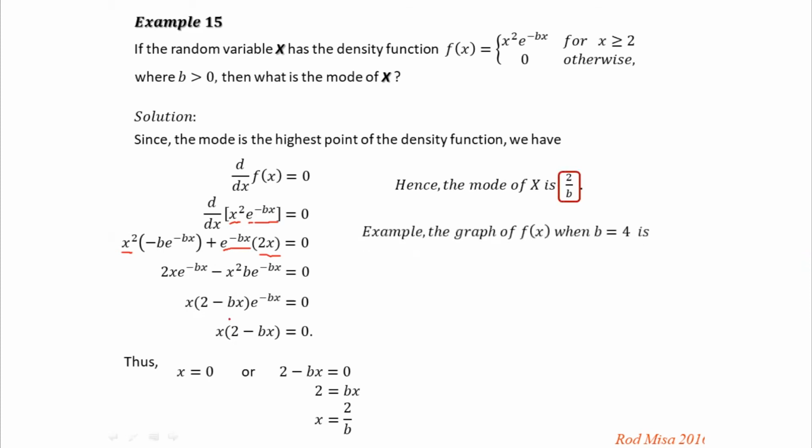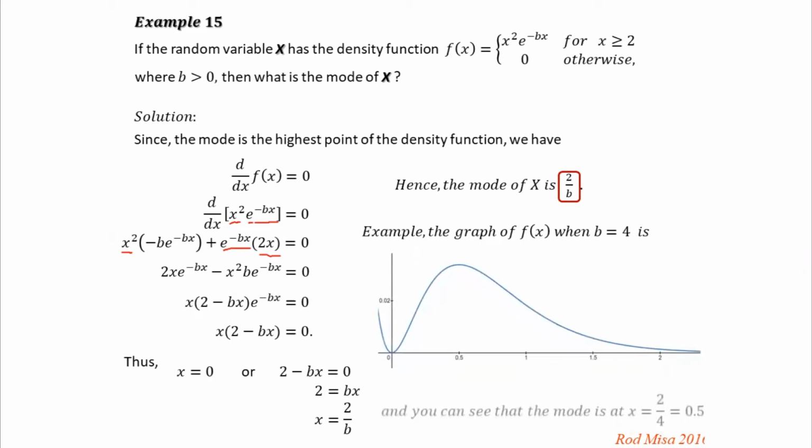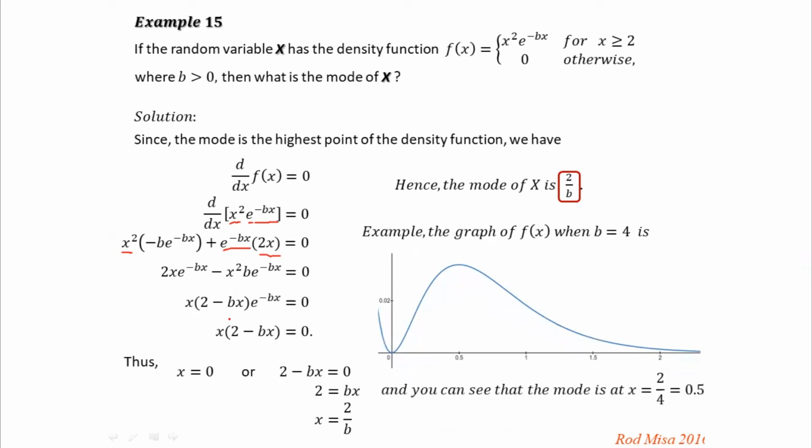For example, the graph of our PDF when b is 4 is like this. And you notice that the mode is at the point 2 over 4, because b is 4, and 2 over 4 is 0.5. And you can check in the drawing that the curve is highest at that point. So therefore, the probability density is highest at the random variable value of 0.5.